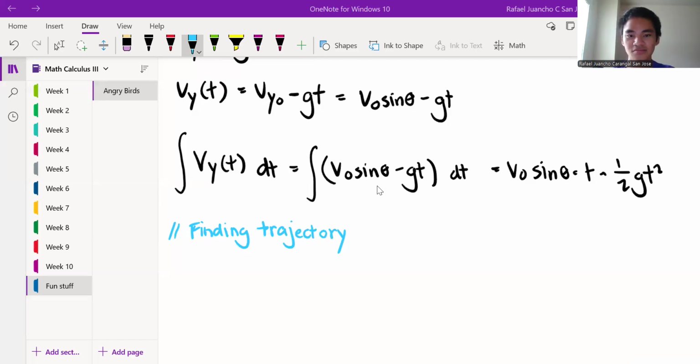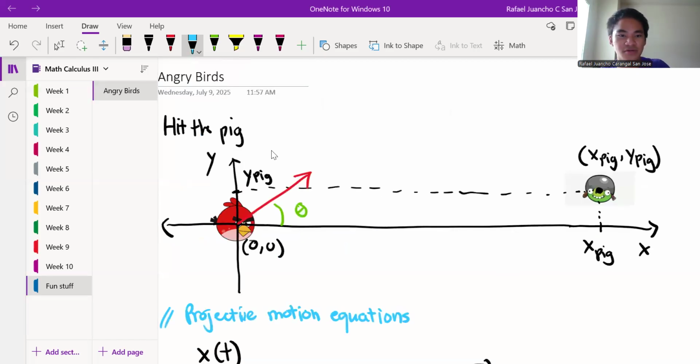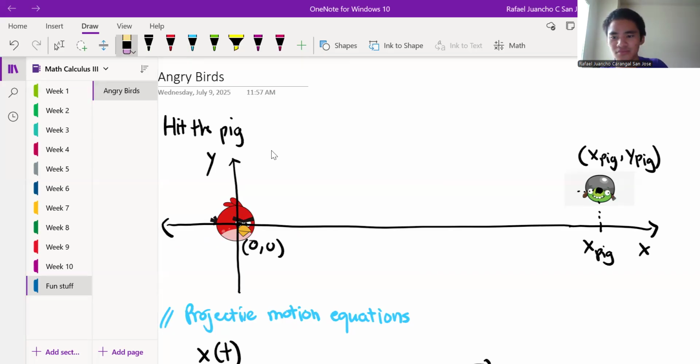So let's look at this picture here. We have the bird. So our pig is there. Okay, let's say it has this point. Sorry for disrupting your view. Let's say the bird starts at 0, 0, right?